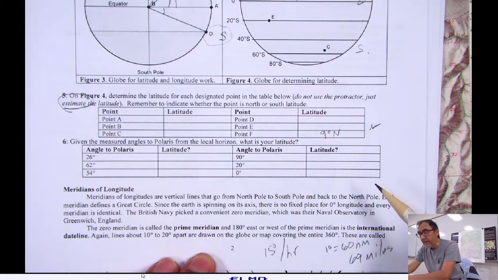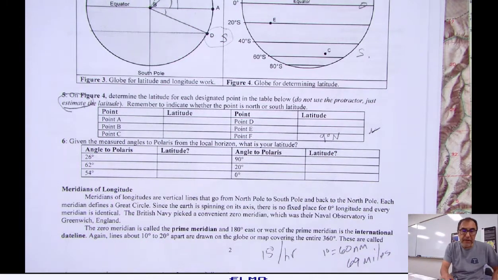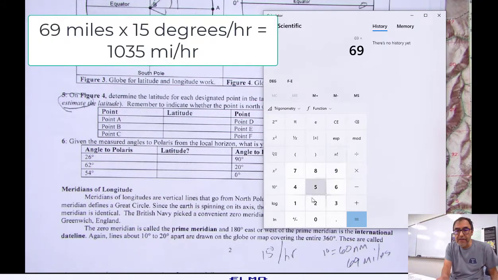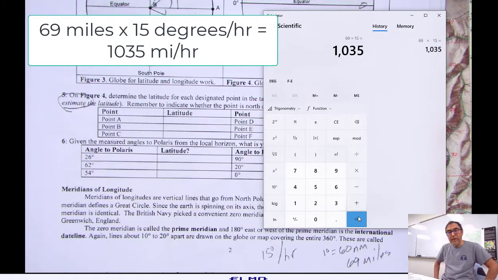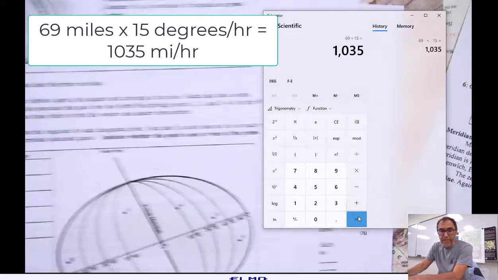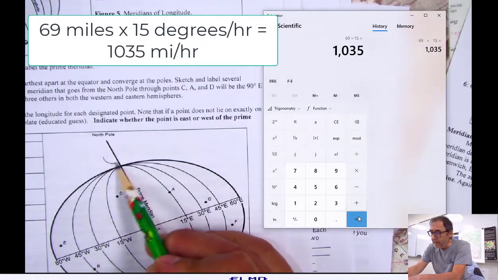So let's do a calculation there. I'm going to do this math here because this question came up. 69 times 15. Basically, what I'm telling you is that at the equator, Earth is spinning around here, and it spins eastward.